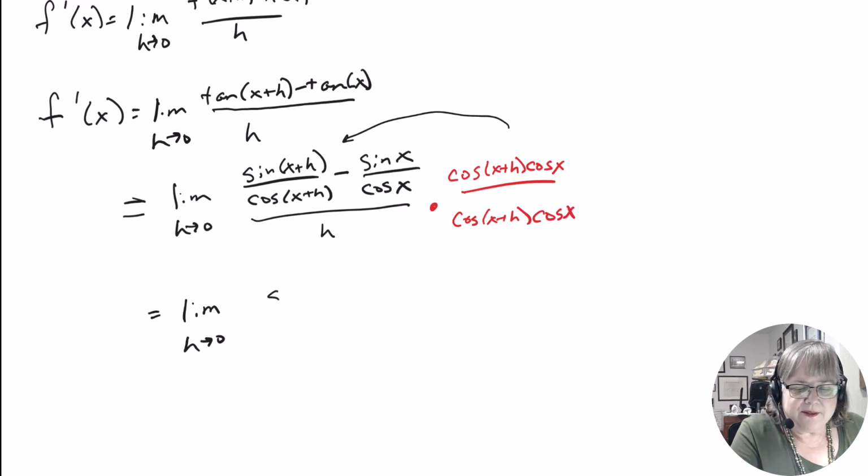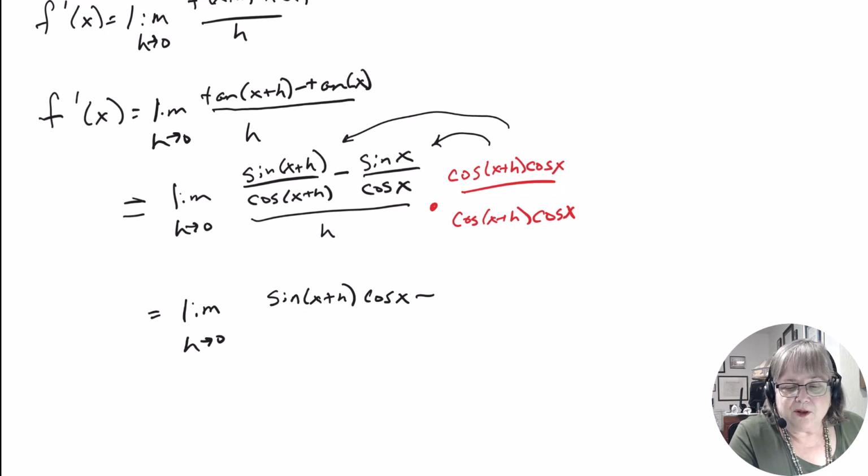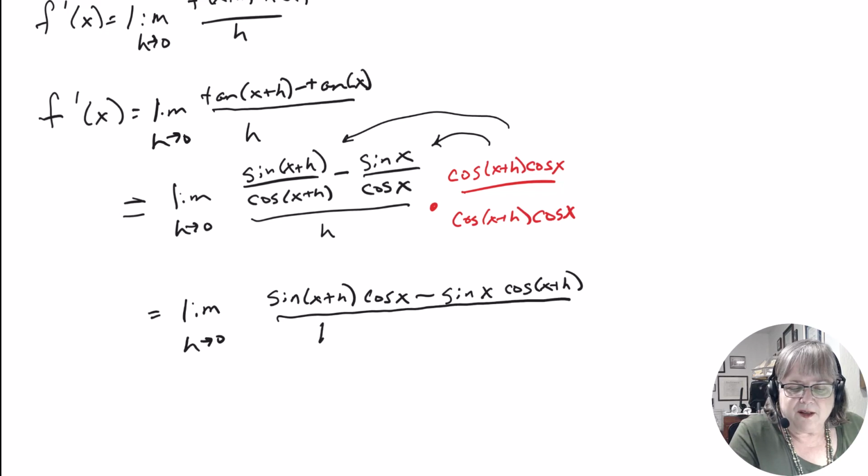And you will have sine of x plus h times cosine of x minus, and when you multiply here, the cosine x's cancel, and you have sine of x times cosine of x plus h, all over h times cosine of x plus h cosine of x. Okay?